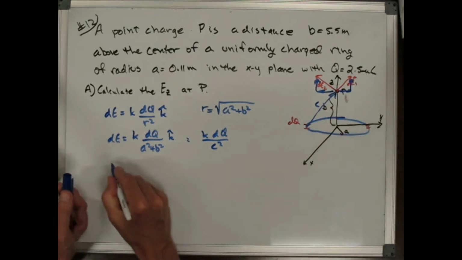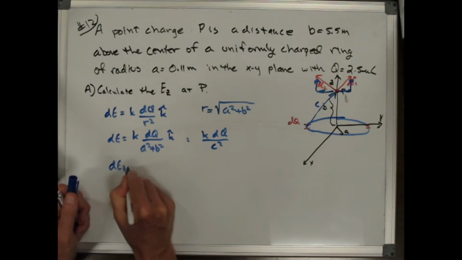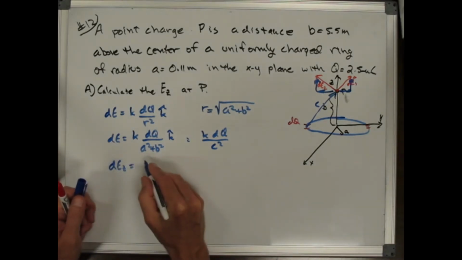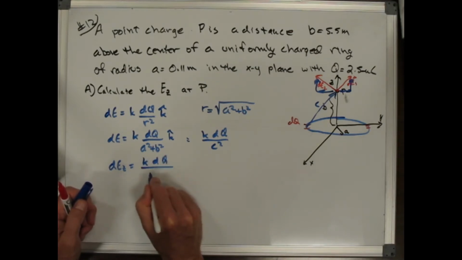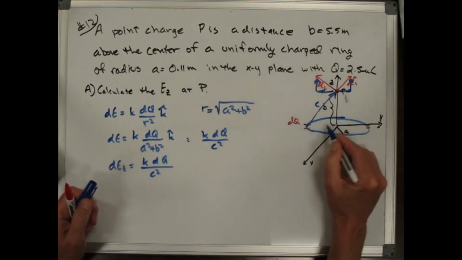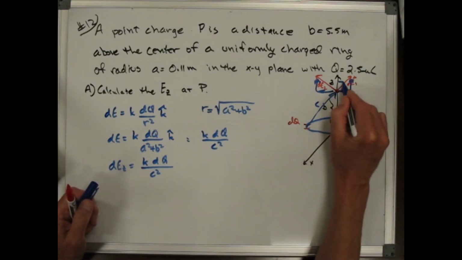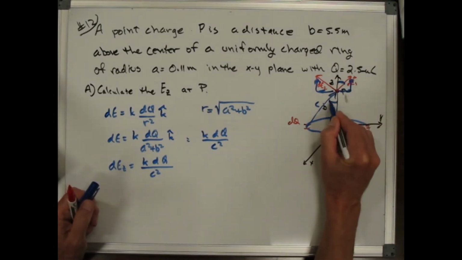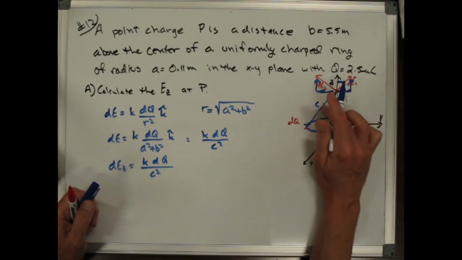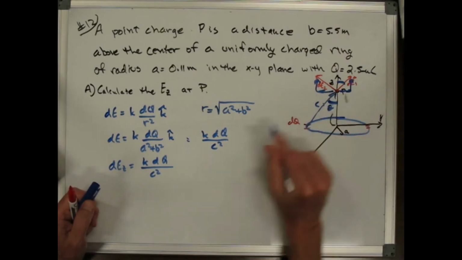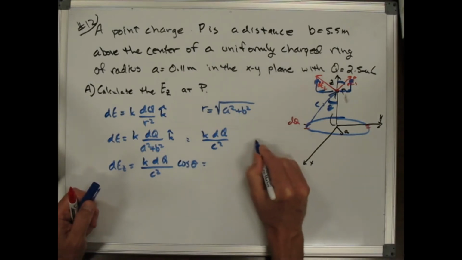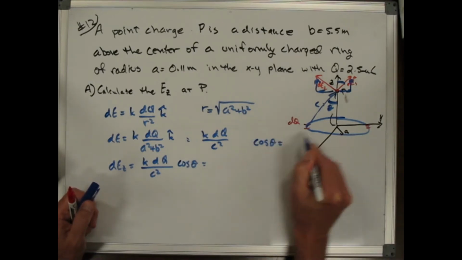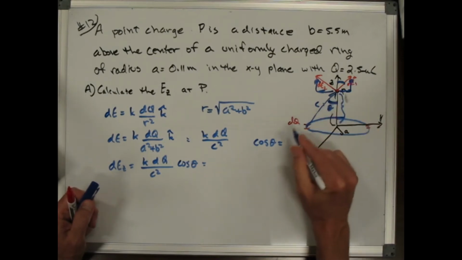If I want to know the z component, dEz, that's equal to k dq over c squared times the cosine of this angle, which is the same as the cosine of this angle. We can call that theta. And so it's cosine of theta, and cosine of theta is this length over the hypotenuse.